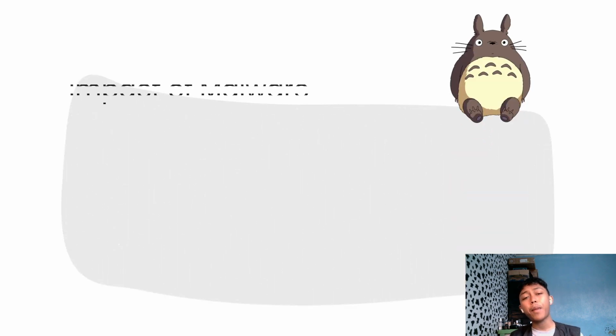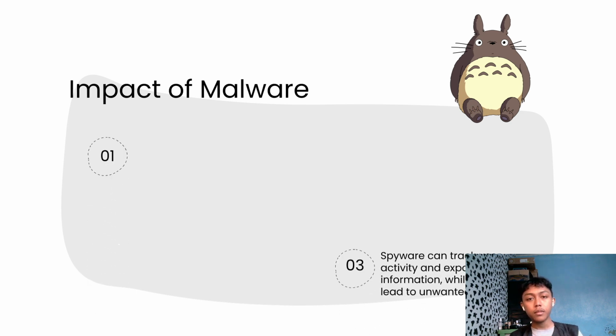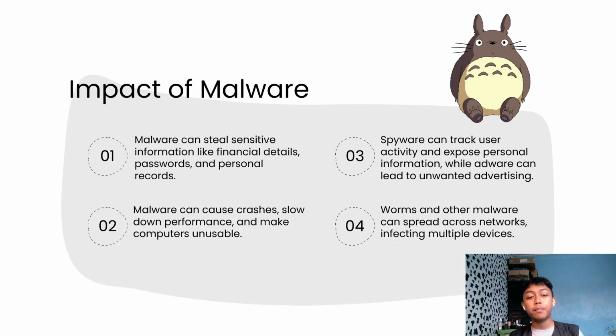So, what is the impact of malware? Malware has some impacts. First, malware can steal your sensitive information. Second, malware can cause stress, can slow down your computer performance, and also it can make your computer unusable. Third is spyware.